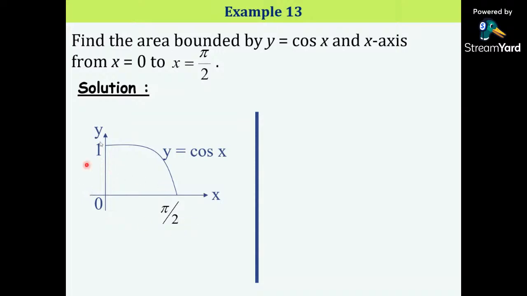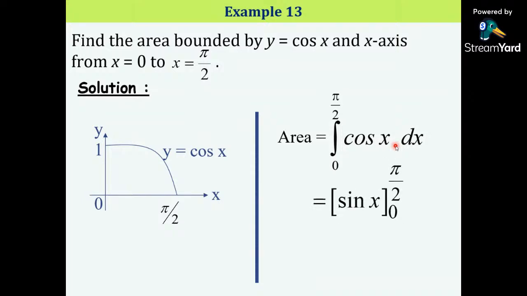After we draw this graph, I don't think we need to find the y-axis because we just want to integrate with respect to x. So we just need the x coordinates, which are from 0 until pi over 2, and then just insert the function cos x. Integrate cos, we will get sine, and then just substitute the limit to get the answer.